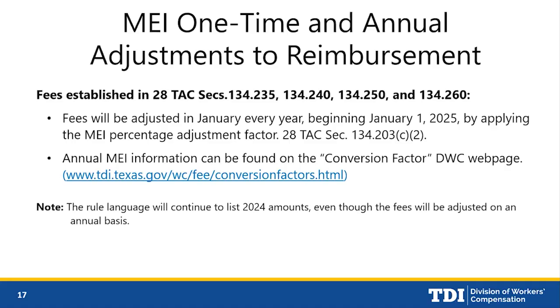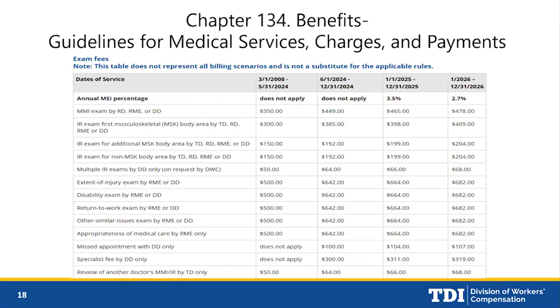And I'm going to show you, we do publish this information. So currently, this is what it looks like on our website. So you see that we have the conversion factor, the certifying doctor exam fees or DD exam fees. And then also there's going to be a few columns that are archived with the other information.